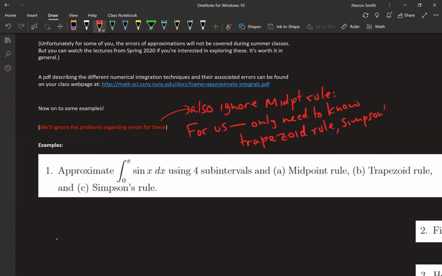Anything else you see in this handout, it was written for the class in the spring, and I covered a little bit more with them than I'm planning to do with you guys because, like I said, it's the summer. Everything moves really, really fast. Okay.